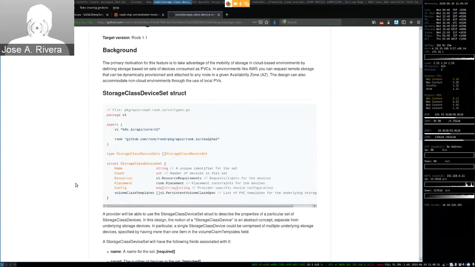Okay. Here's a thought I just had, just to entertain it. What if in the Ceph cluster CR, when you're defining a list of storage class device sets, instead of using the storage class device set struct directly, you create a wrapper struct, name to be determined, that is the storage class device set struct inline, and then resources and placements as separate fields.